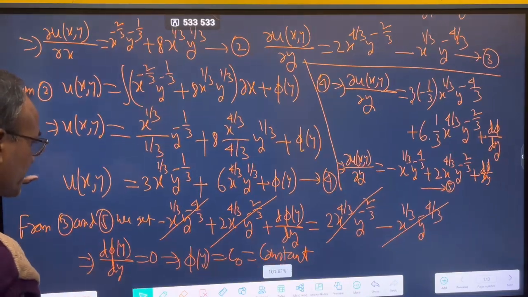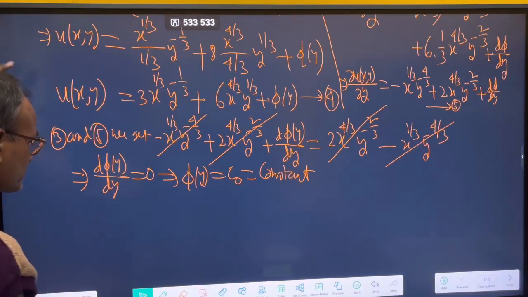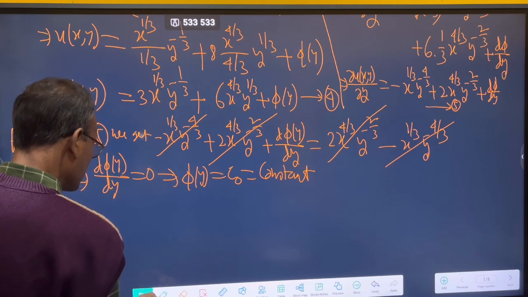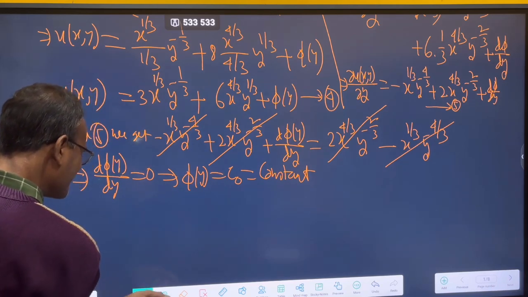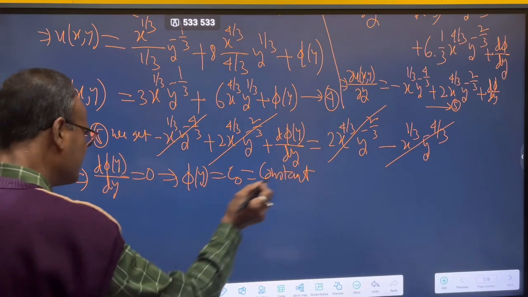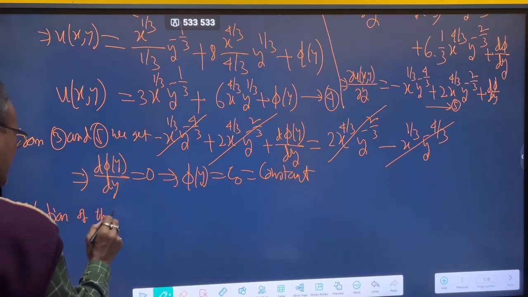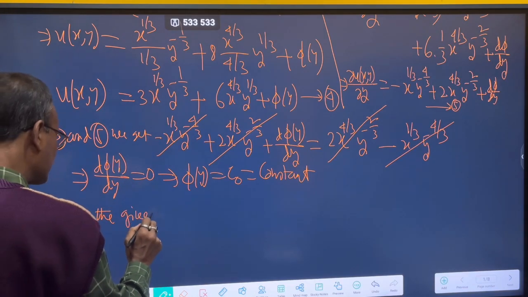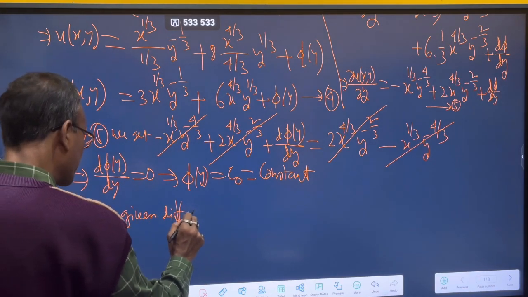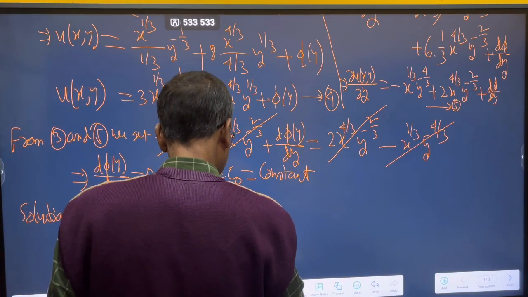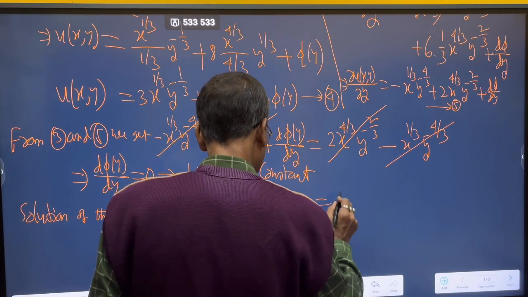The solution of the given differential equation is u(x,y) equal to c1, a constant.